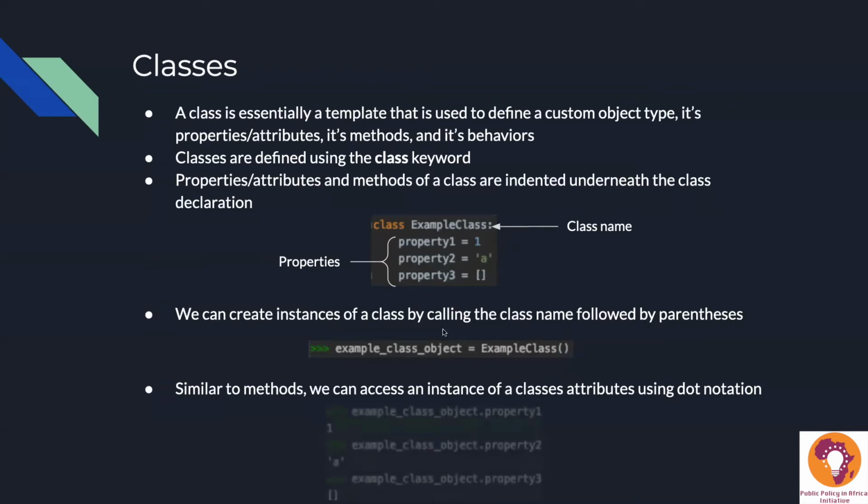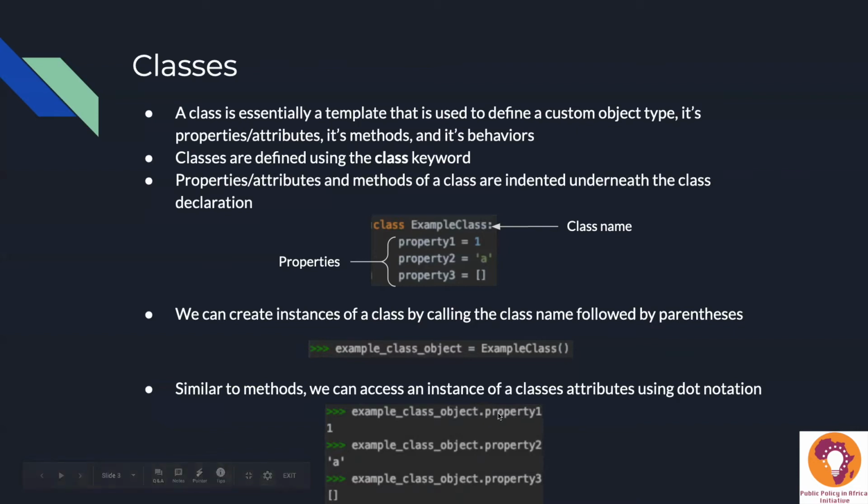And then we can reference the properties of that class using dot notation, just like we saw in the previous slide. This is the same screenshot that I showed on the previous slide. What we have here is the same example class object that I've created up here, but right now I'm just referencing the properties.